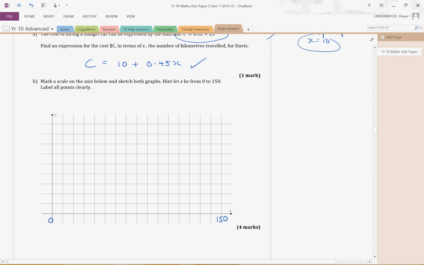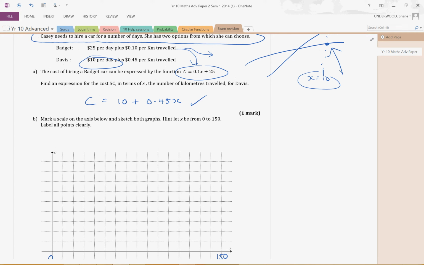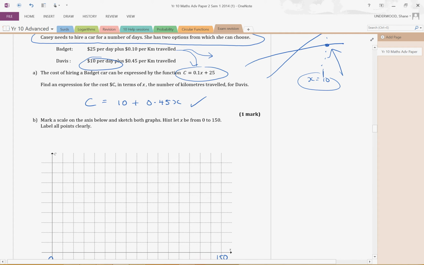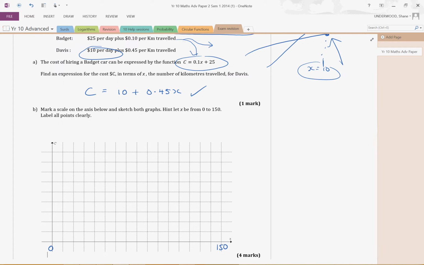So 150 is over here, 0 is over here. The y-intercept, or the c-intercept in this case, is equal to 10. Let's just go up in tens: 10, 20, 30, 40, 50, 60, 70, 80, 90.